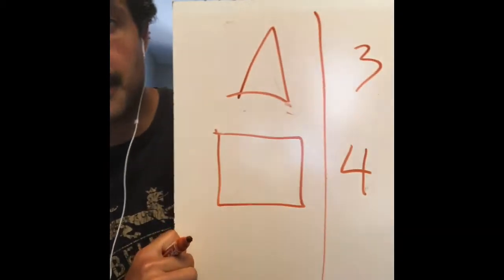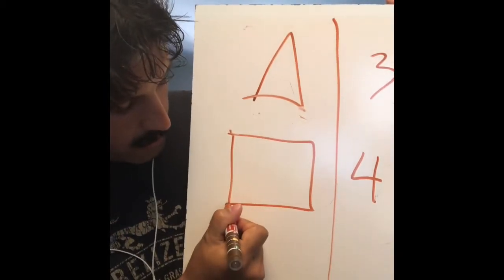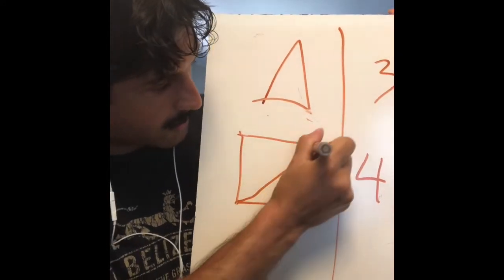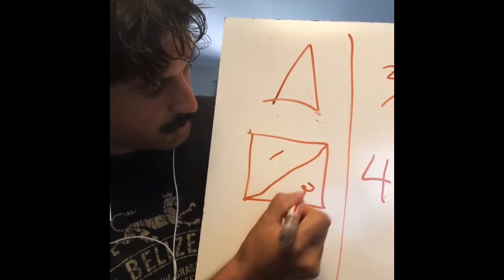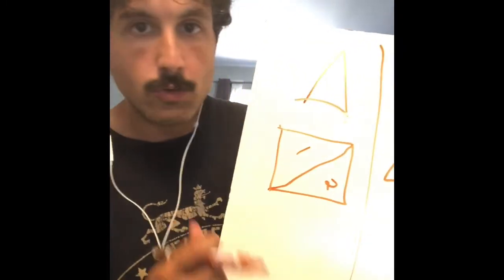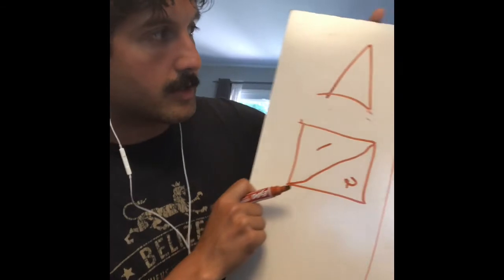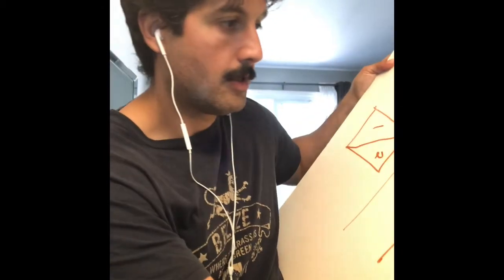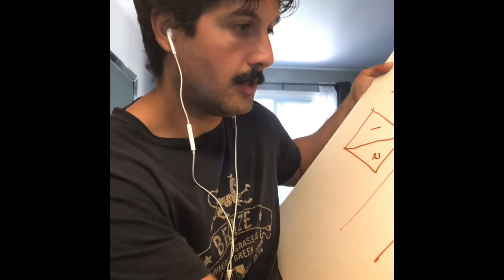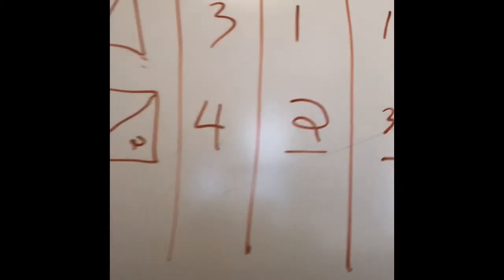Taking a look at this, we start in one corner only, and we make lines to create triangles. So I've got 1, 2 triangles. So that is 2 triangles. And 2 of 180 degrees is 360 degrees.